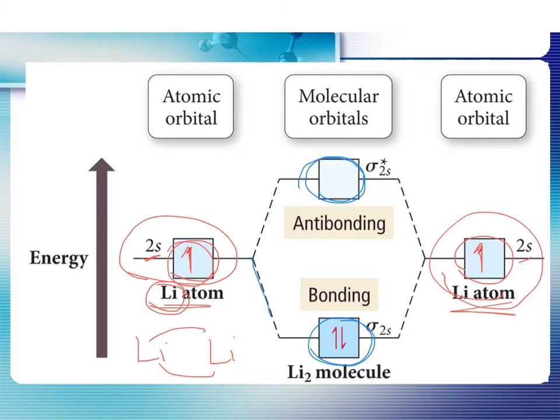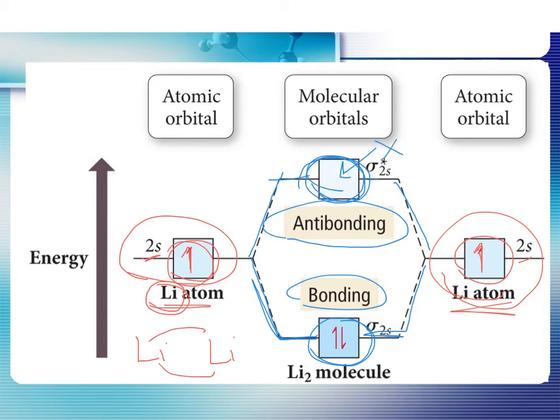One of the molecular orbitals will be lower in energy and be a bonding molecular orbital. The other will be higher in energy and be an anti-bonding orbital. Any electrons that end up in an anti-bonding orbital hurt bonding. They do not promote bonding. But in the case of two lithium, we only have two valence electrons to deal with. Each orbital holds two electrons, so the two valence electrons go in the bonding orbital, and this would suggest that a stable bond can be made between two lithium atoms.